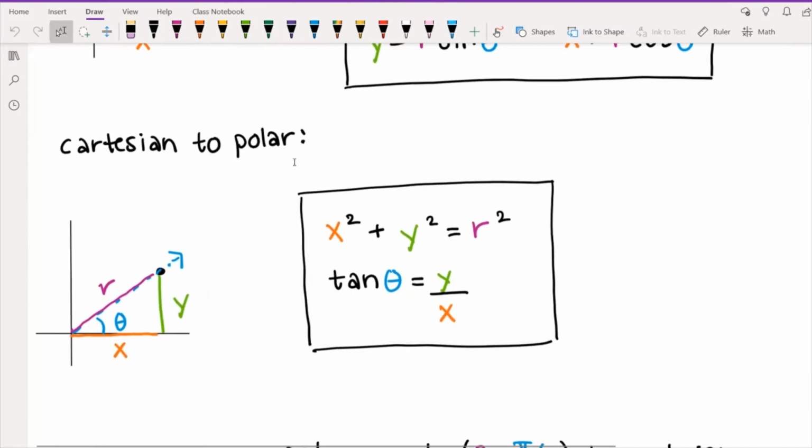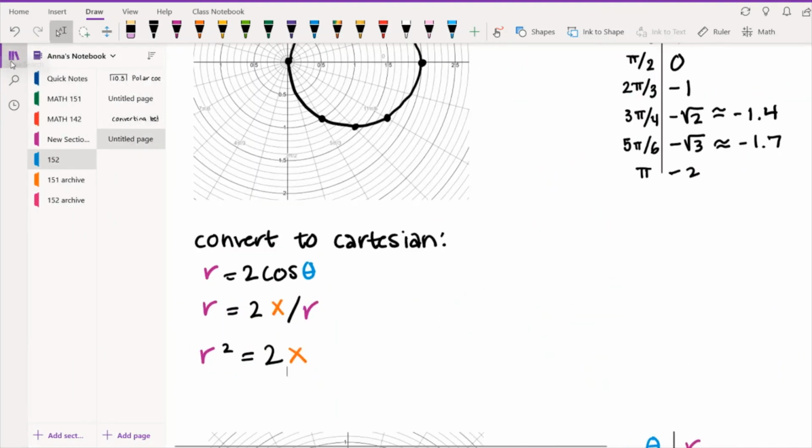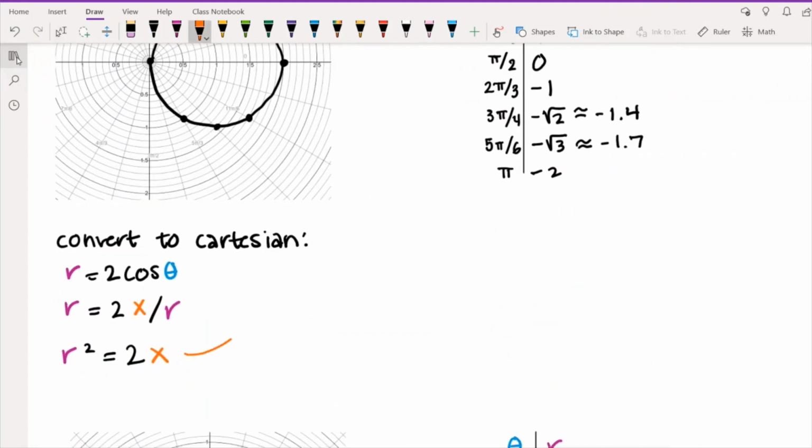We know that r squared is equal to x squared plus y squared. So I'm just going to go in and where I have an r squared, I'm going to replace it with an x squared plus y squared. So if we replace r squared with x squared plus y squared, we'll have x squared plus y squared is equal to 2 times x.